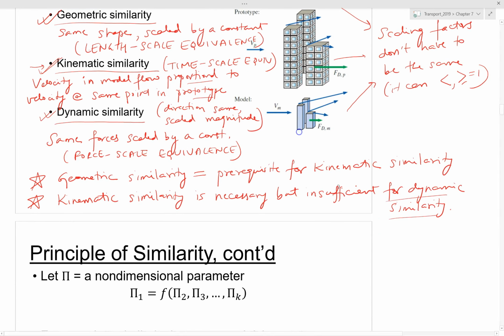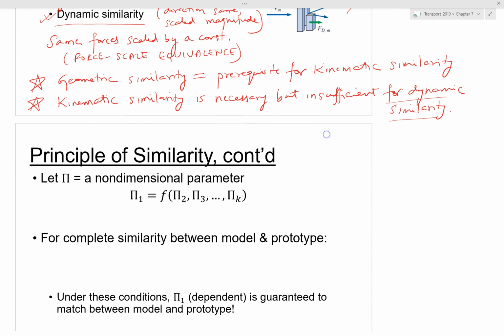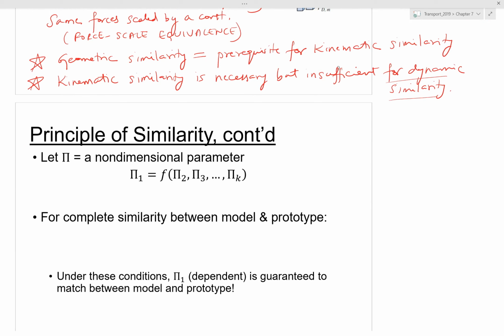Okay, so now how do you put this knowledge into practice? Meaning, how do you mathematically solve or apply the principles of similarity between a model and a prototype? So the first step is, for both a model and a prototype, list down the non-dimensional parameters. Next you assign them as pi's.